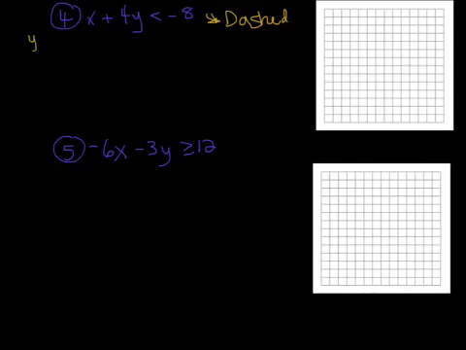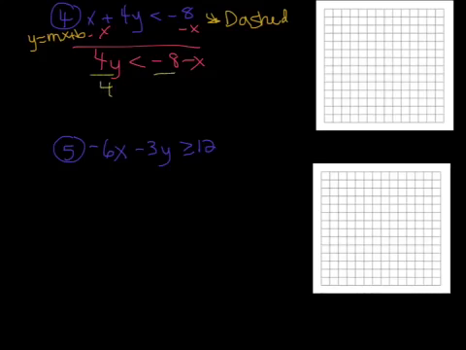And I need to use y equals mx plus b, which means I need to solve for the y in this one. I'm going to do that by moving over that x. That gives me 4y is less than negative 8 minus x. And I then am going to divide every single thing by 4.